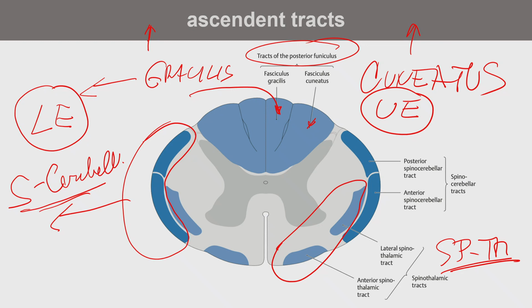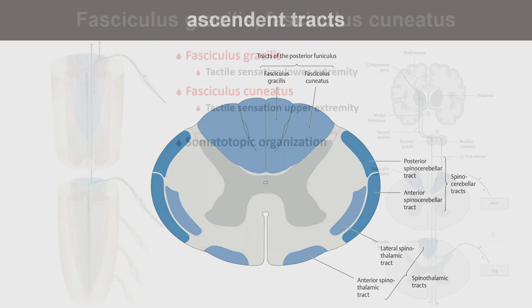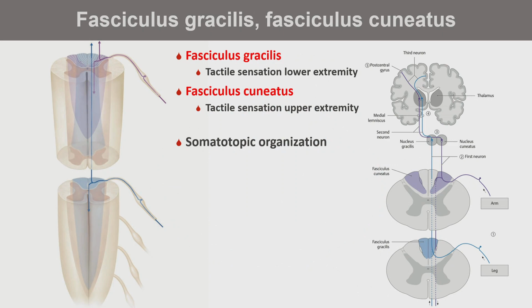And it will also be noted that some tracts have only 2 neurons, while the others have 3 neurons. So gracilis and cuneatus: the cuneatus is going from outside, side by side with the gracilis. Gracilis is medial, cuneatus lateral.